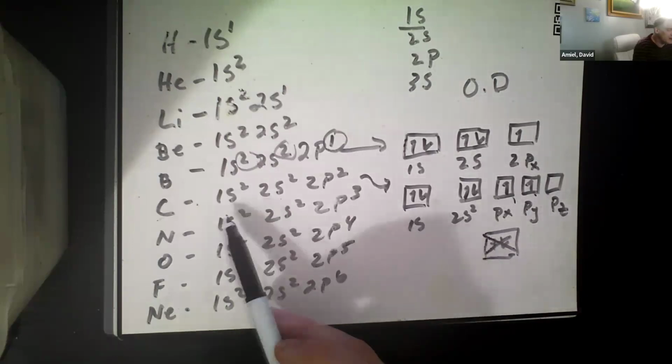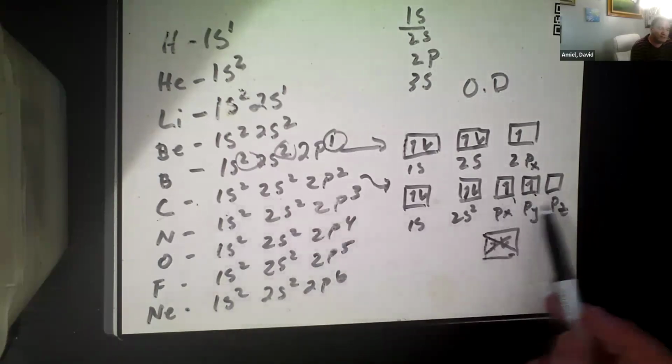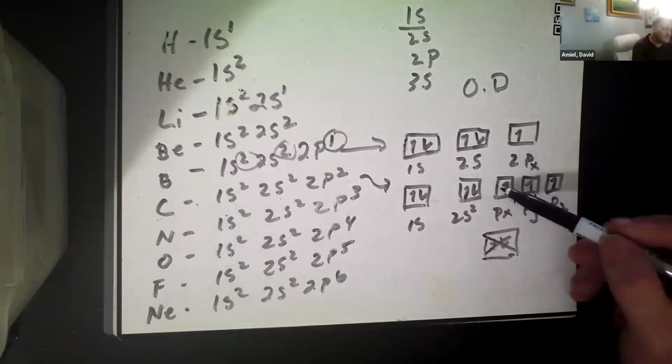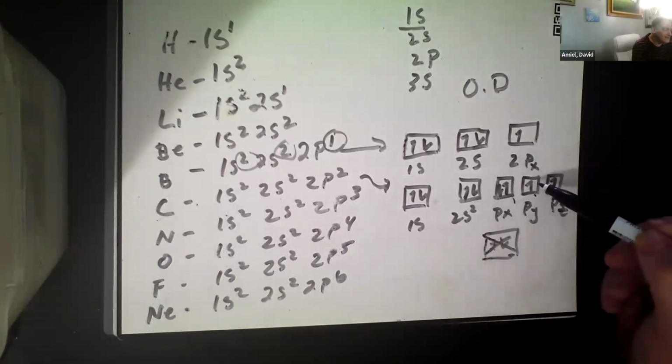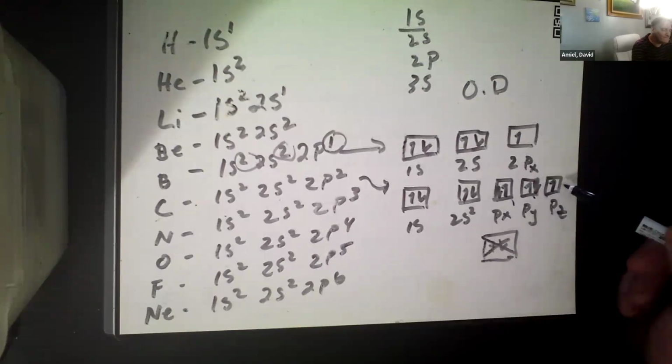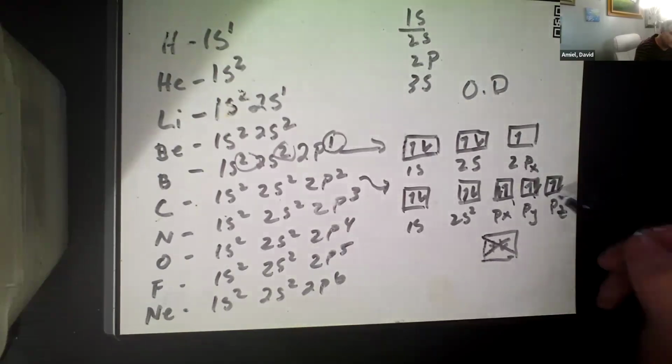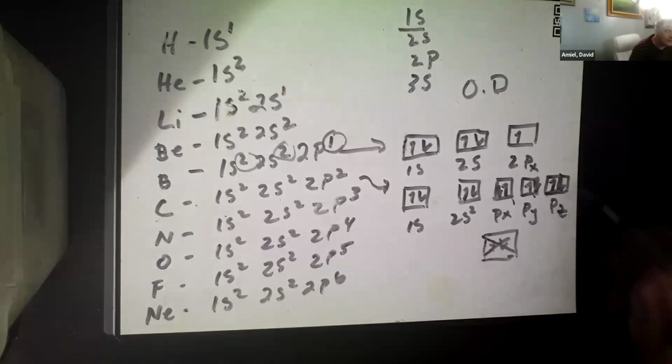And then you can see carbon, what do you think nitrogen is going to be? Nitrogen is going to be this one. Another third electron goes in the pz, and then oxygen, spin down, then fluorine, spin down, and then neon, spin down like that. Sorry for the poor artwork here.